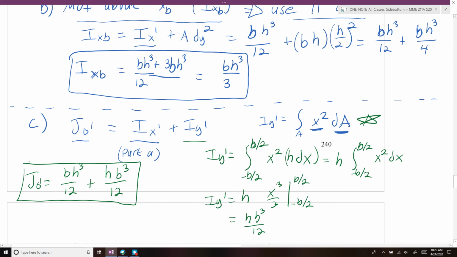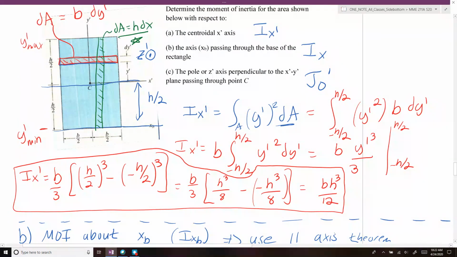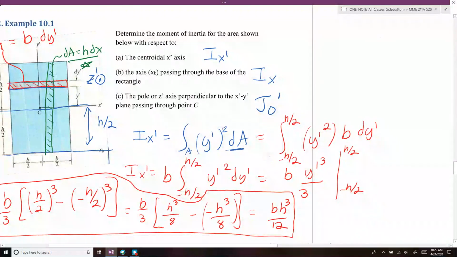So in these problems, the main thing you're doing is you take your equation and define your differential element. Once you define your differential element, you can substitute it in, and you should be able to get everything in terms of a single variable, and then you integrate across the entire area to solve for your moment of inertia.